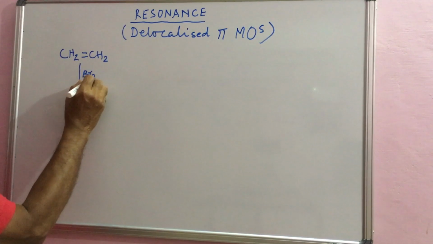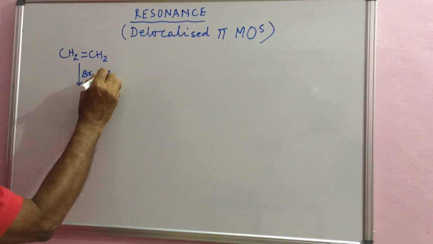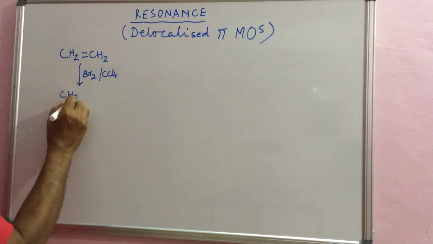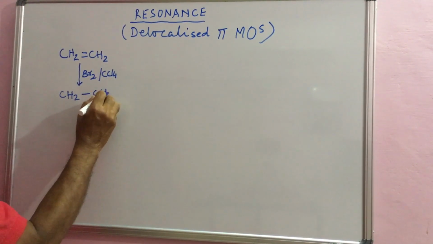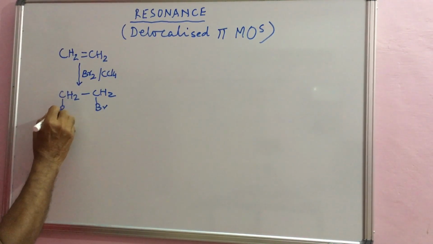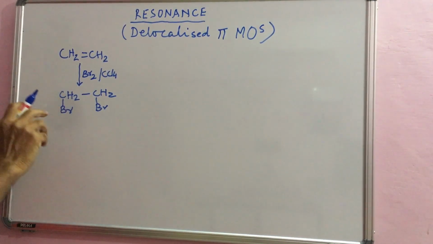When this reacts with bromine, say in CCl4 solvent, you get this addition reaction, a very well known reaction.